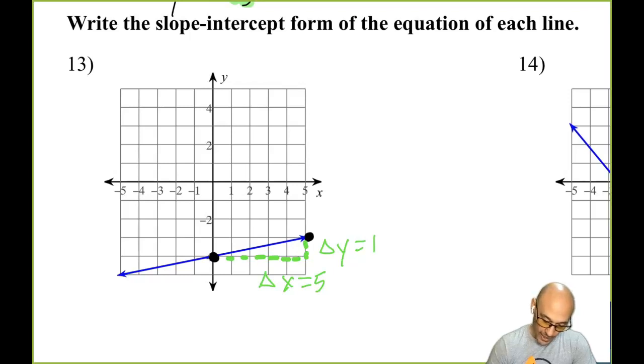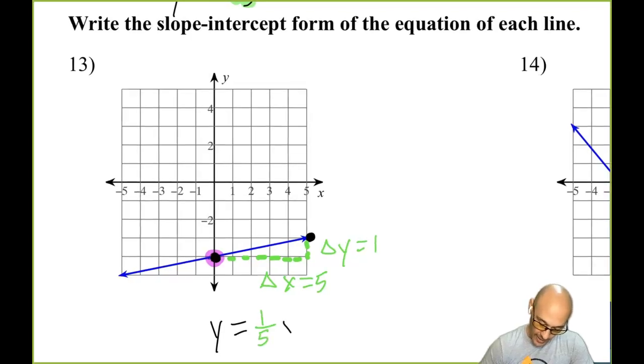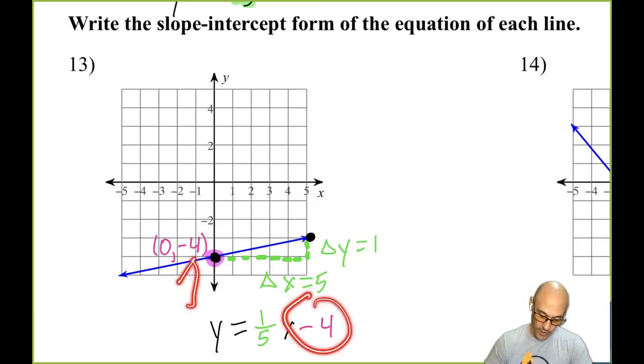And our y-intercept is this point right there. So our equation is y equals delta y over delta x, 1/5 x, and then -4, because our y-intercept is the point (0, -4). So that's where this comes from, right there.